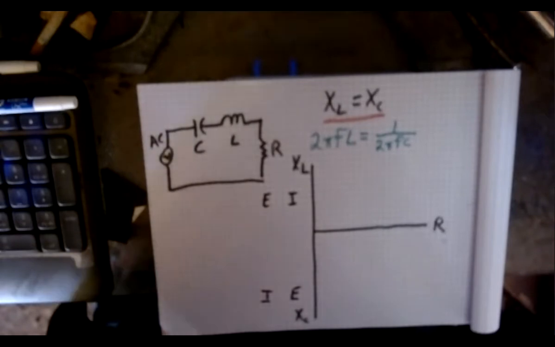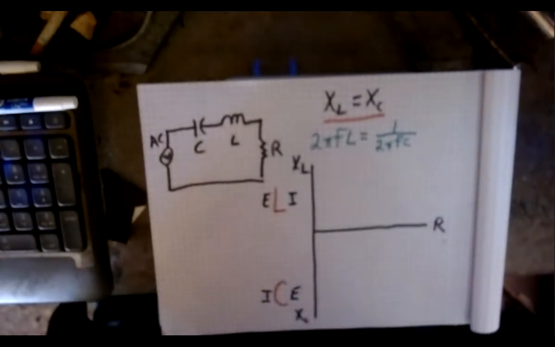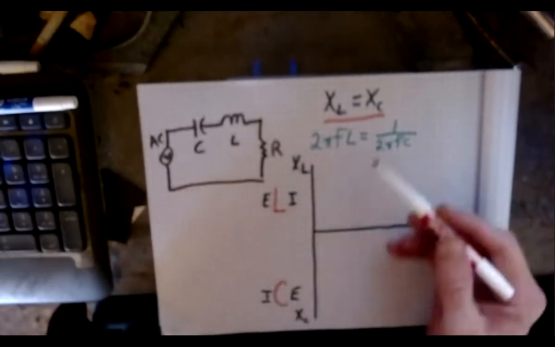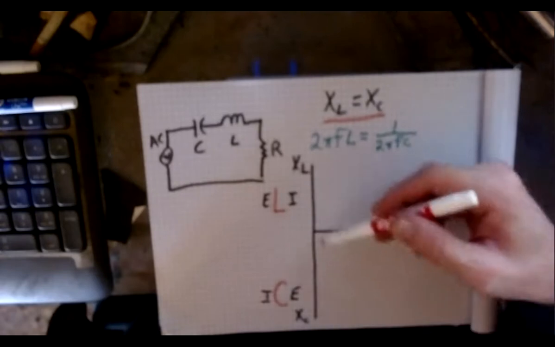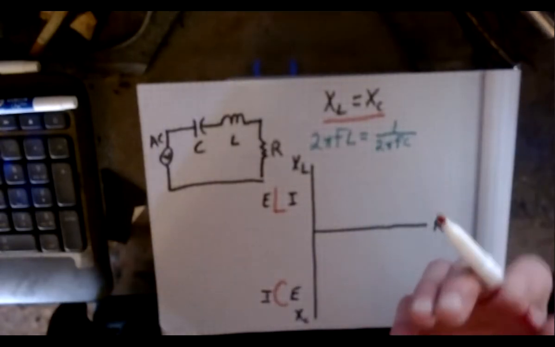So in this part of our graph, we're more inductive, and in this part of the graph, we're more capacitive.